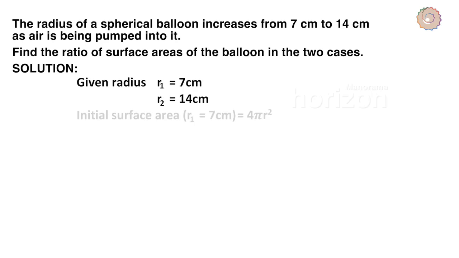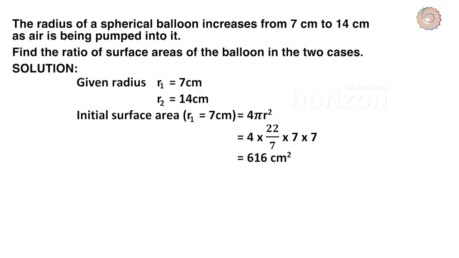So what would be the initial surface area? That is with respect to r1, which is equal to 7 cm. That is 4 pi r square. Substituting the values, we get 4 into 22 divided by 7 into 7 into 7, which is 616 cm square. Now, the surface area for r2, which is 14 cm.